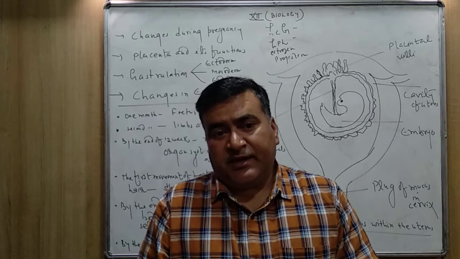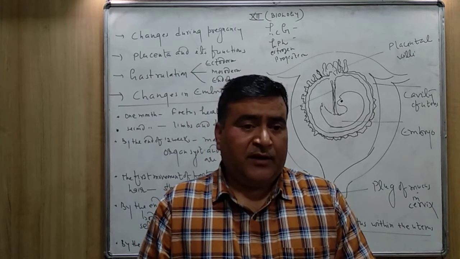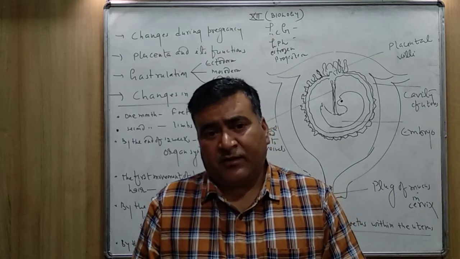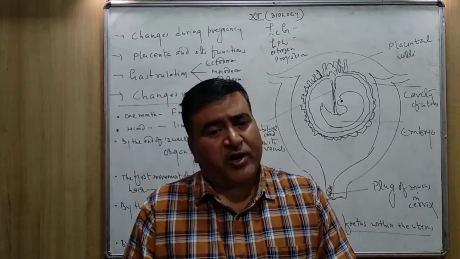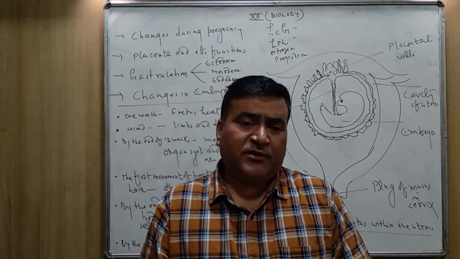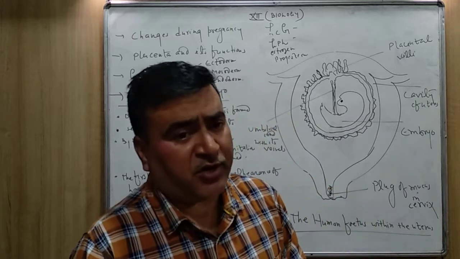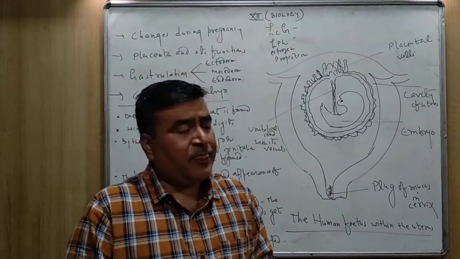During the gestation period, the embryo further develops into the fetus. So many body parts, organs, the heart and other body parts are produced. So let us see in which month which body organs are formed.